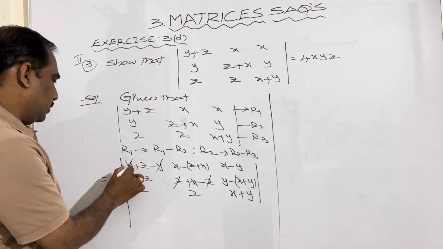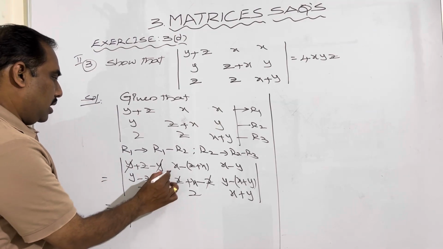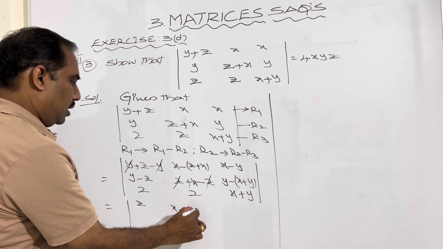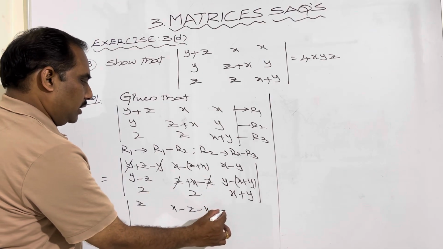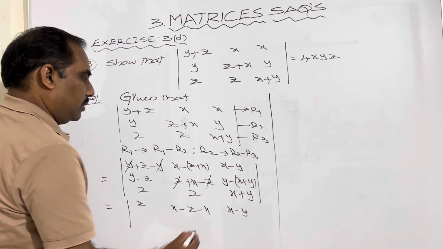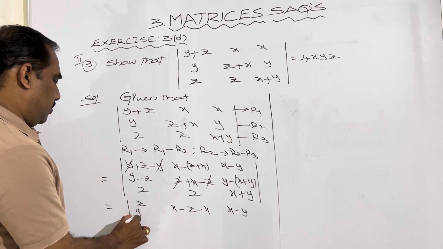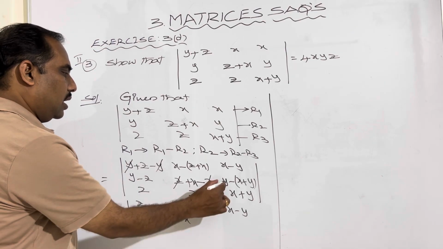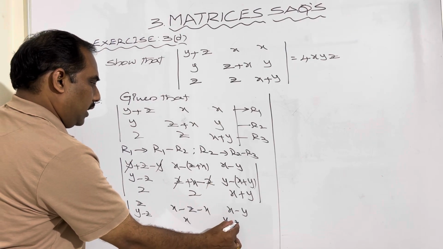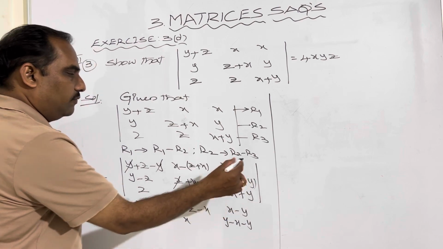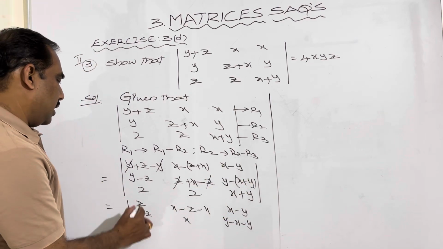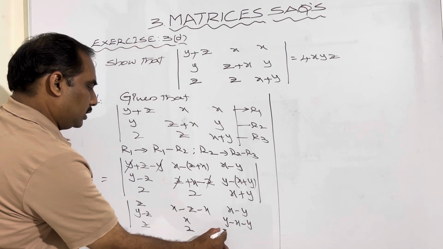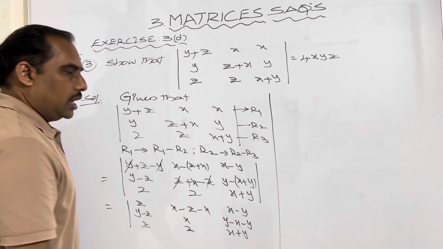we get z here, and here x minus z and minus x, if you multiply with minus, here x minus y, here y minus z, and here again x, and y minus x minus y, if you multiply with minus, and here z, z and x plus y.